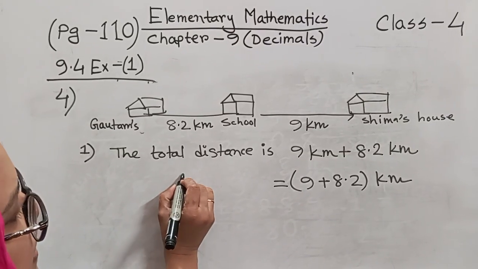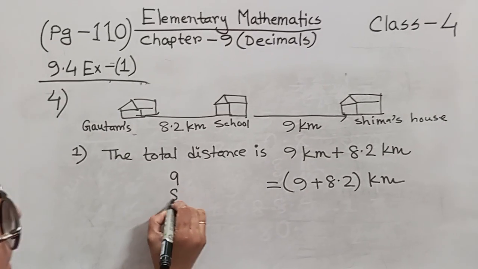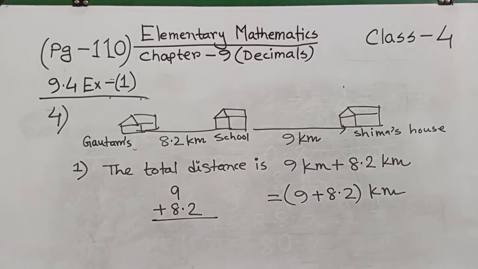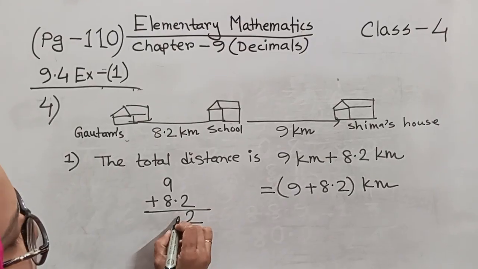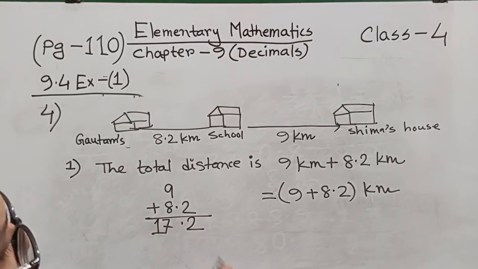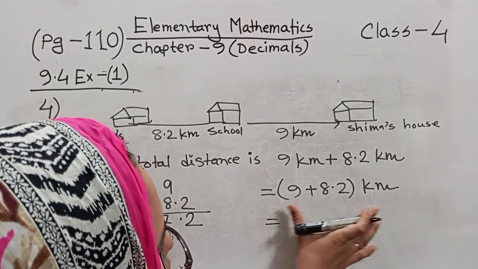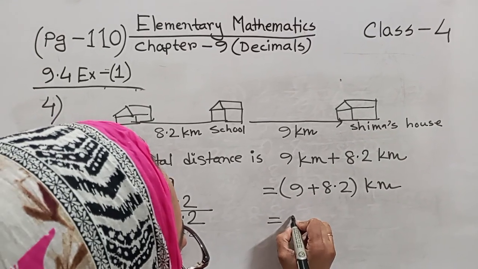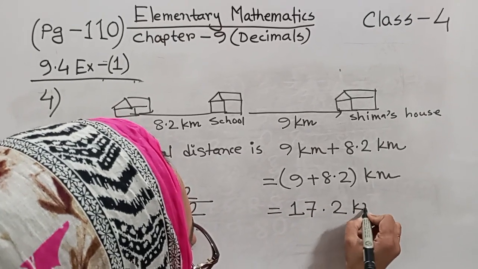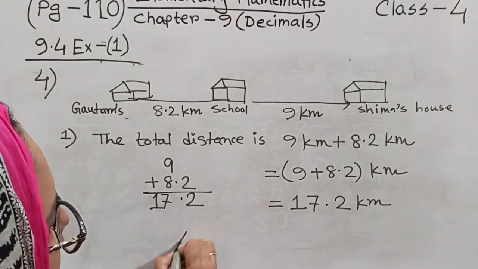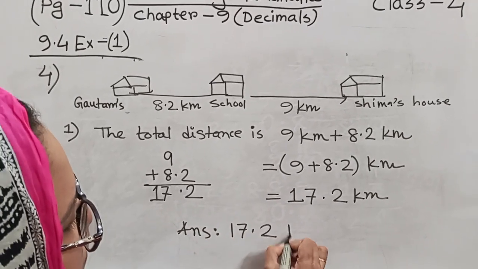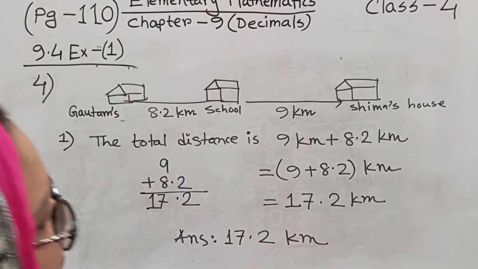Let's do the rough work here. 9, 8.2. We have to do addition here. Here will be 2. 9 plus 8, 17. So if we do the addition of these two distances, finally we will get the answer 17.2 kilometers. And here the answer will be 17.2 kilometers. Finished.